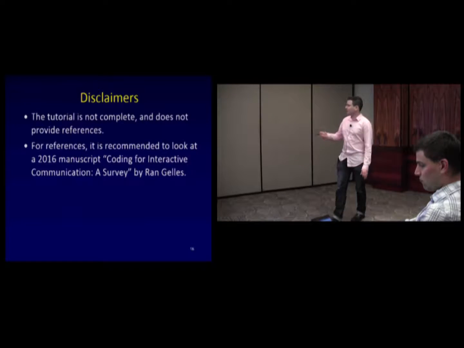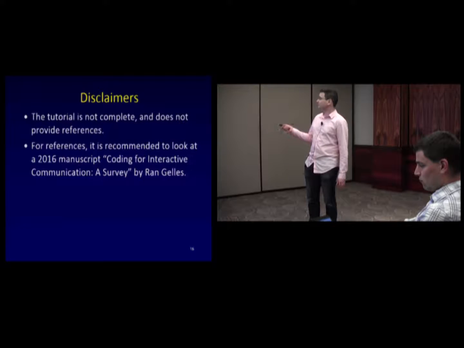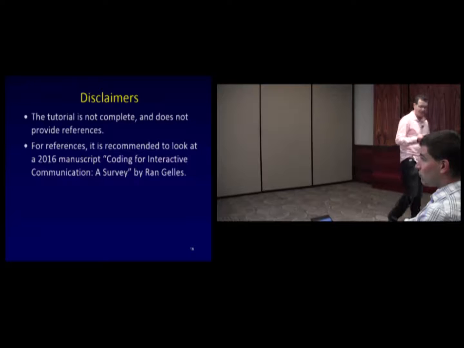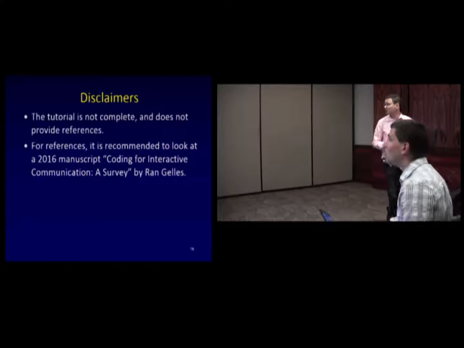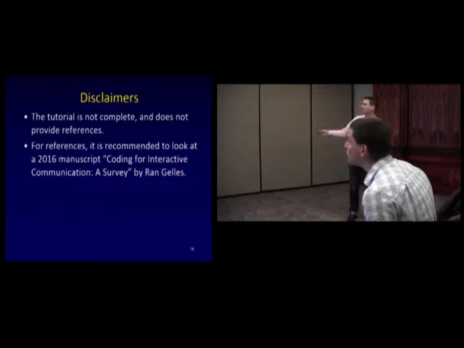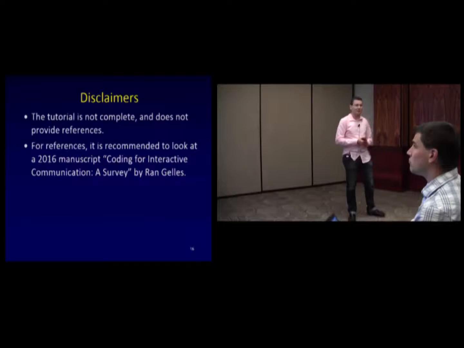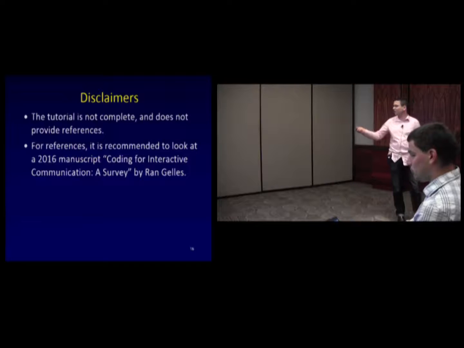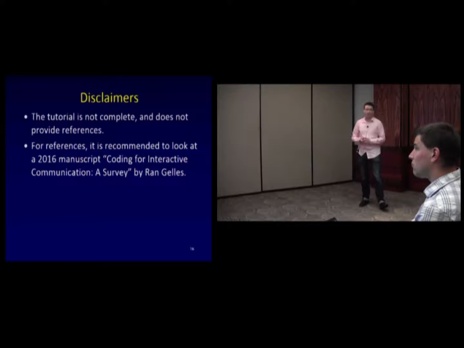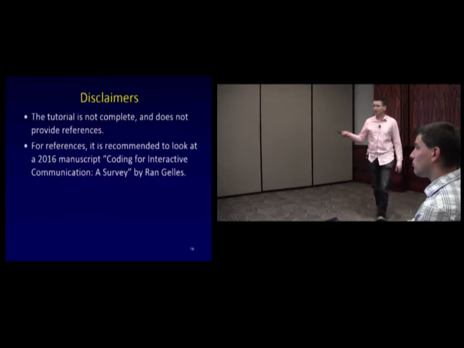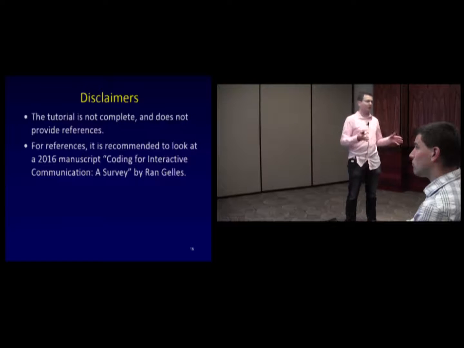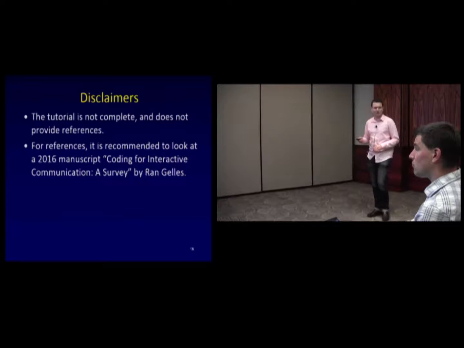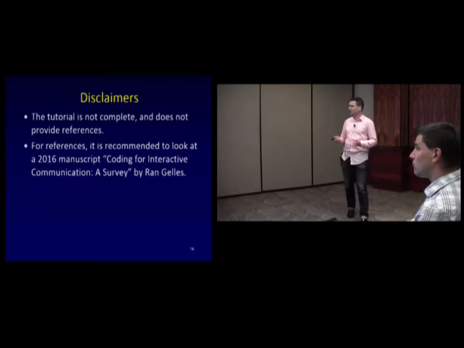Okay, some disclaimers. It's a tutorial, so it's not exhaustive and doesn't have references for the most part. For references, there is a fairly complete survey by Ron Gellis, called Coding for Interactive Communication, that you should refer to. If you want to work on specific problems, it's also a good idea to ask Ron or Bernard whether it's been solved.